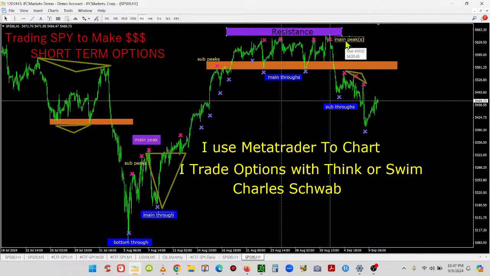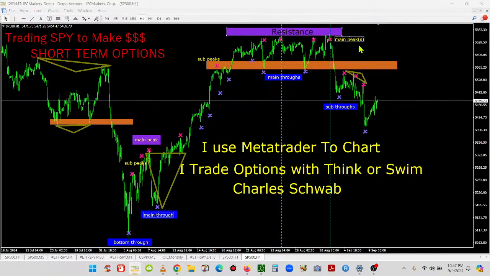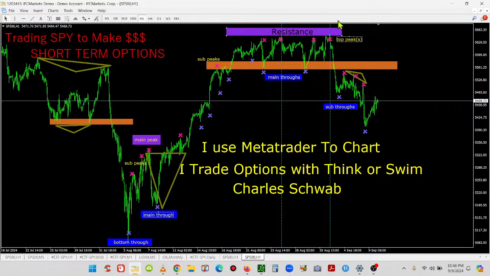The bottom trough. The main peak. Then you have the main peak over here. Or actually, not the main peak, the top peaks. I made a mistake. I am sorry. These are our top peaks right there in this vicinity.